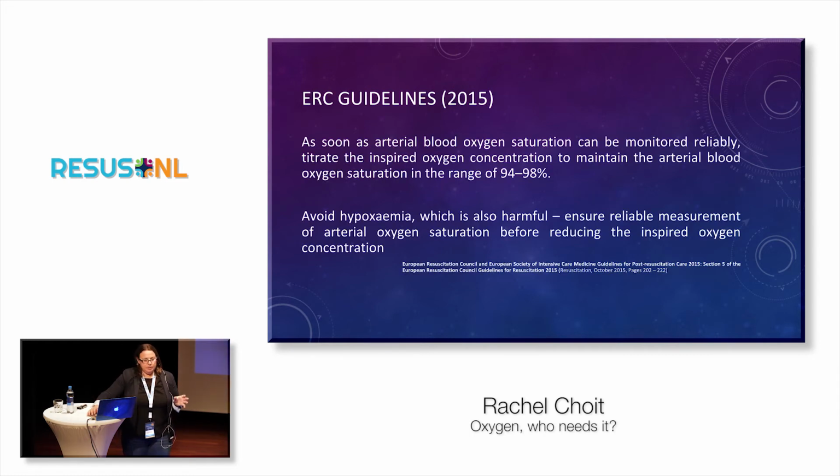The European Resuscitation Council guidelines, which are similar to guidelines from ILCOR and the American Heart Association, say that you should give oxygen, but as soon as you can accurately measure oxygen, either through arterial blood gas or through pulse oximetry, you should titrate your oxygen to SATs of 94 to 98%, and avoid hypoxemia.